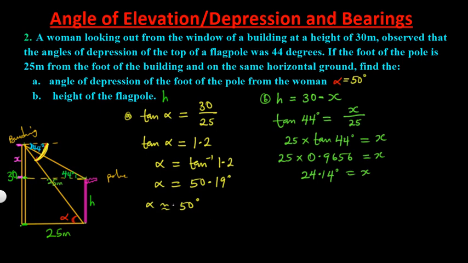So now that we know that, therefore, the height of the pole will be equal to 30 minus 24.14, which, when we subtract this from 30, we get 5.86. Then the height can be approximated to 6 meters. That is the height of the flagpole here.